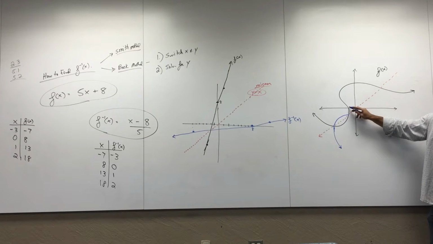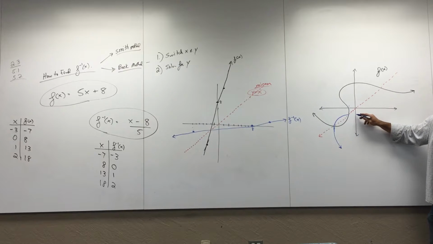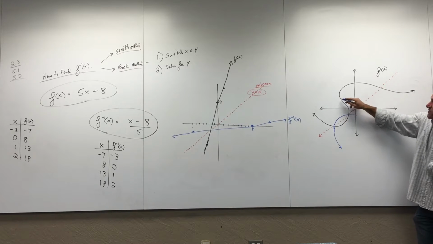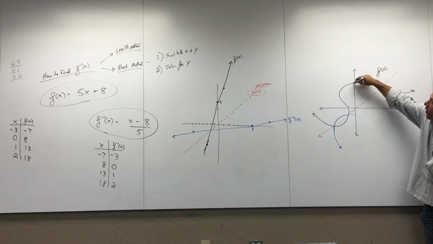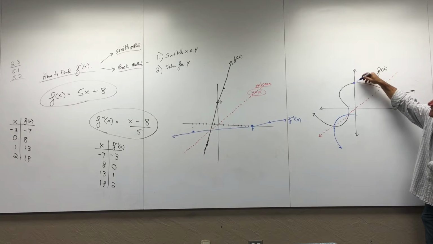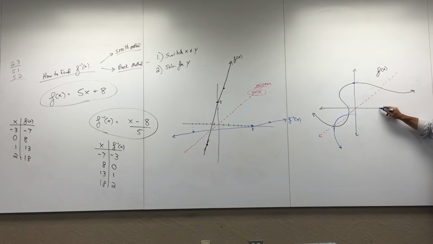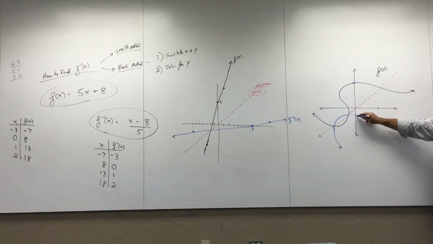He hits the x-axis at maybe -1. Well, then this guy probably hits the y-axis at -1. Then he makes this big bend. Then he hits the y-axis at maybe, let's call that 6. So this guy ought to hit the x-axis at 6. He's got to have this big bend.